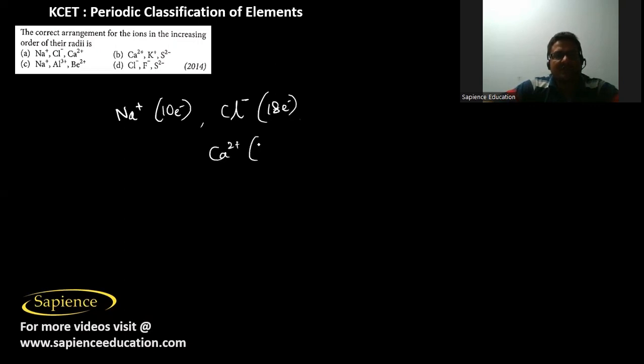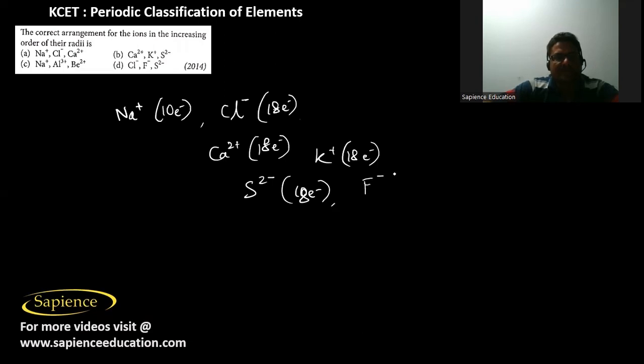Then here it is asked for the correct arrangement of the ions in the increasing order of their radii. So here we have sodium Na plus and then Cl minus. Na plus will have 10 electrons, and Cl minus will have 18 electrons, and Ca2 plus, calcium 2 plus ion, also will have 18 electrons, and K plus, the potassium ion, will also have 18 electrons. S2 minus, the sulfide ion, will have 18 electrons.